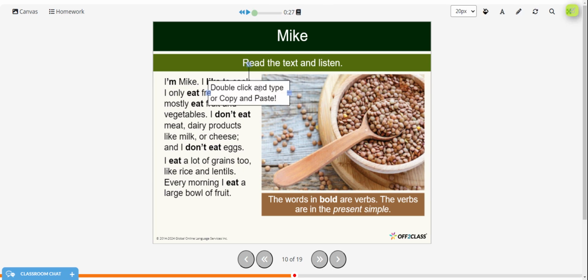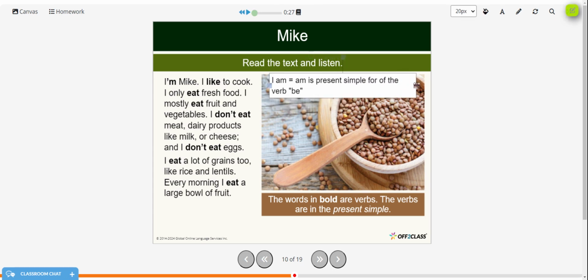Okay, so for our verbs in the simple present, where he says, I'm Mike, that's short for I am. And am is the present simple form of the verb be, used whenever the subject is I. Okay, and then eat is another verb.